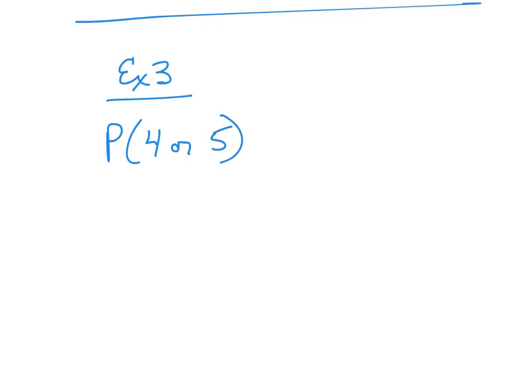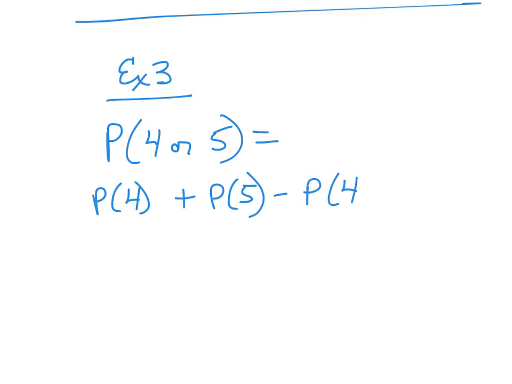Which means this is an OR problem. If it's an OR problem, we'll use the OR formula. The OR formula goes like this. The probability of the first, probability of 4, plus the probability of the second, probability of 5, minus the probability of both, 4 and 5.